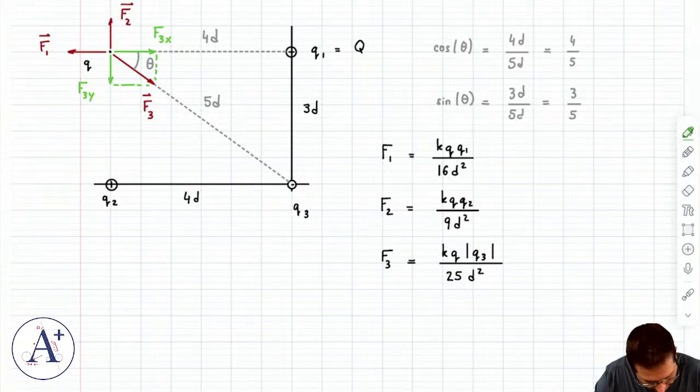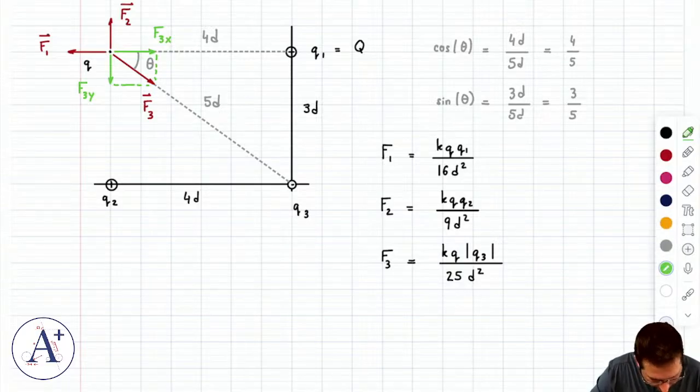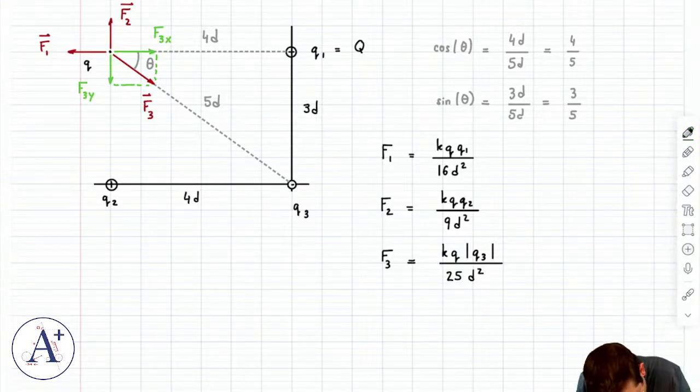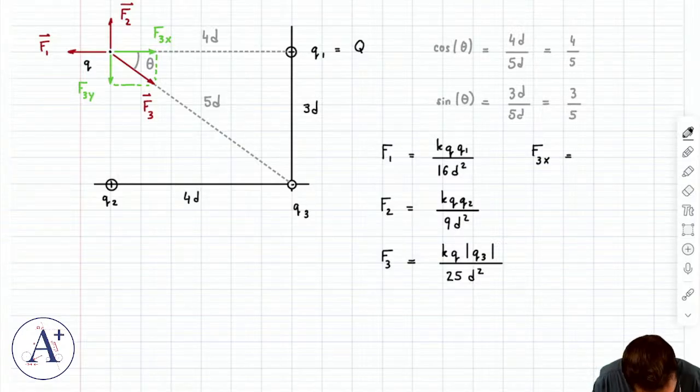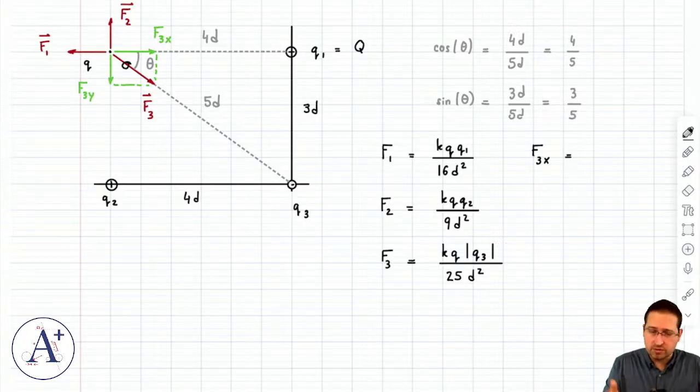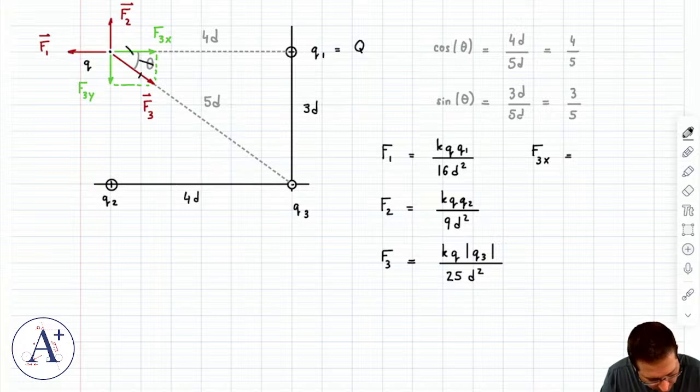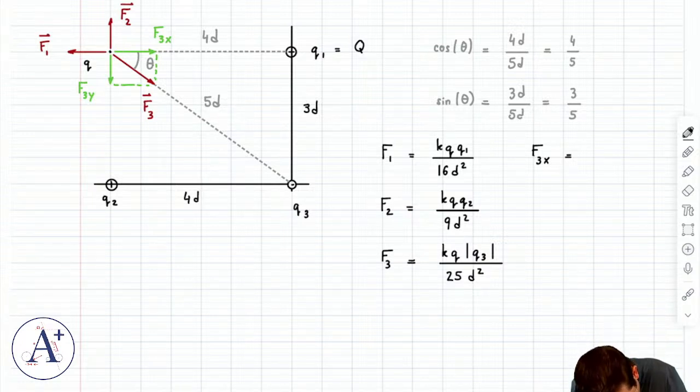Now, hopefully we agree that F3x, in magnitude, is going to be F3 times... F3 is your hypotenuse. Your vector is always your hypotenuse. And then you have hypotenuse, angle, adjacent. So F3x is the adjacent component, meaning that F3x is F3 cosine theta.